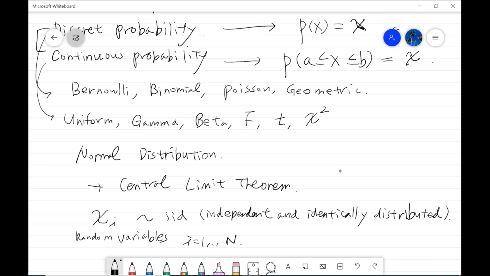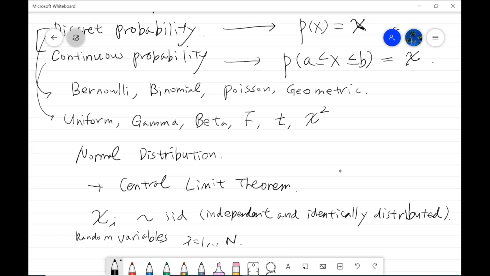Independent means, let's say the first number from this random variable is 1 and the second number is 10. Even though you have the number 1 first, you have no idea what's going to be next. So the probability that number 1 appears is totally independent from the probability that number 10 appears.